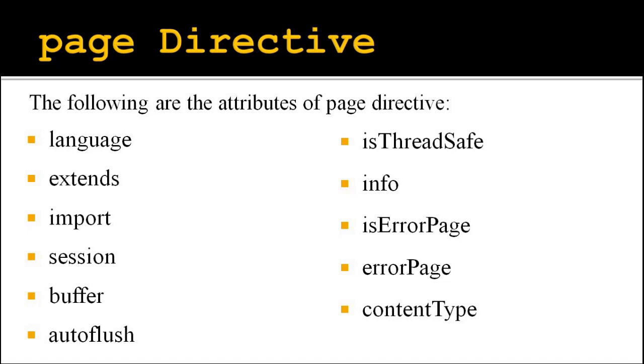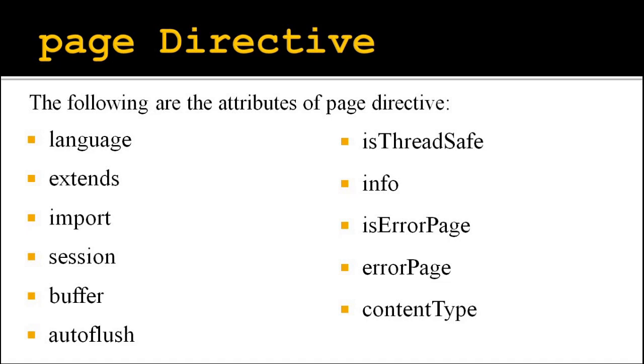Why? Because if you want to implement a page in JSP, we must use the Java language, because JSP is a technology of Java. The second attribute is extends, which is going to implement the HttpJspPage interface.